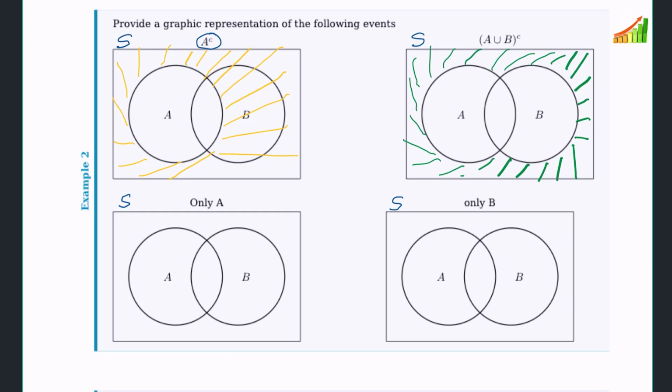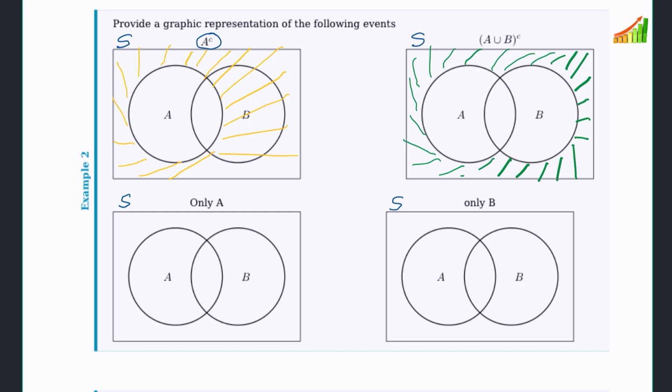Next, only A. What is only A? Let me explain this. This whole circle represents A, right? But you see here the middle area represents both events A and B. Therefore, what is only A?